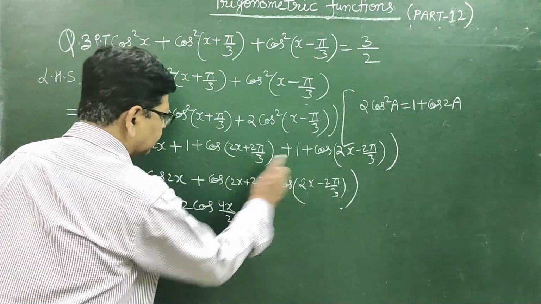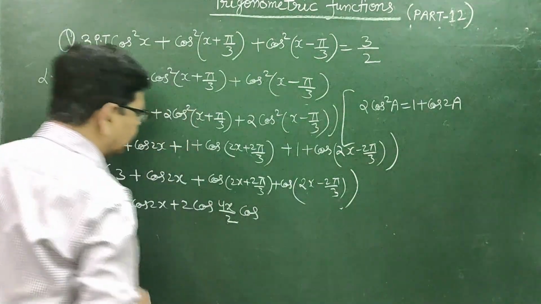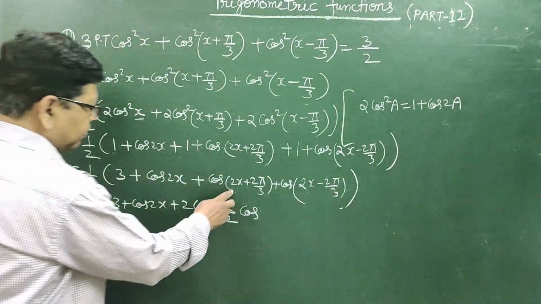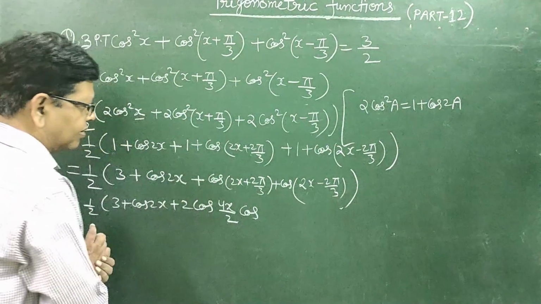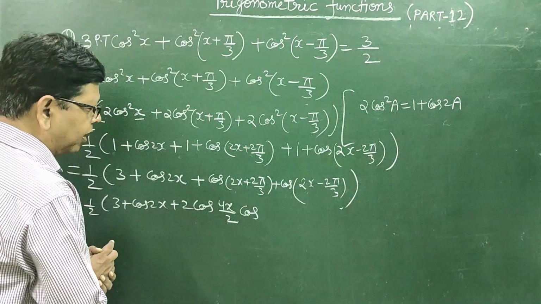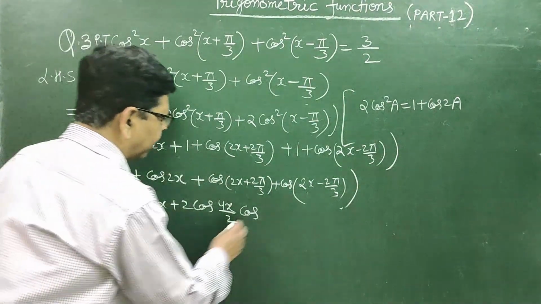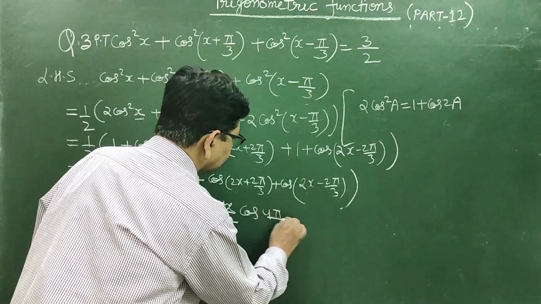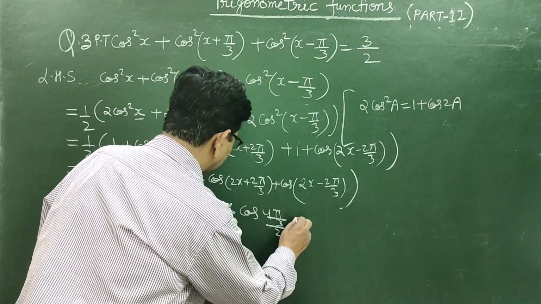Cos C minus D. Cos C minus D means 2x and 2x get cancelled, 2 pi upon 3 and 2 pi upon 3 will be added, that is 4 pi upon 3, and it will be divided by 2.